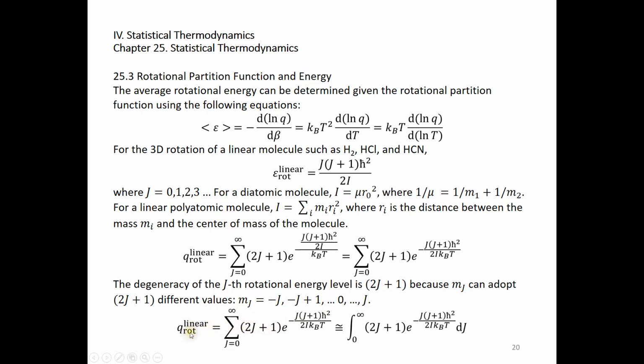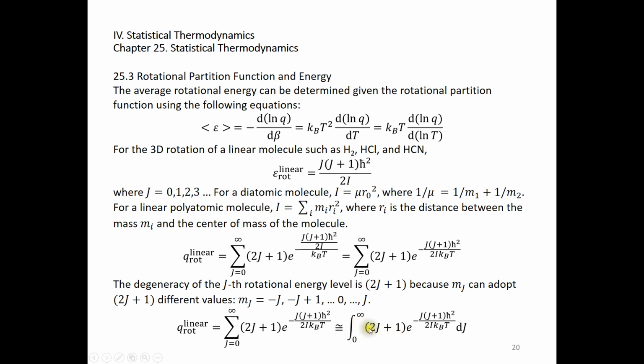Again, the rotational partition function of a linear molecule is the sum of (2J plus 1) times e to the power of negative rotational energy over k_B T, or J times (J plus 1) times h bar squared over 2I divided by k_B T. It's extremely difficult to get the sum right, so we make an approximation here.